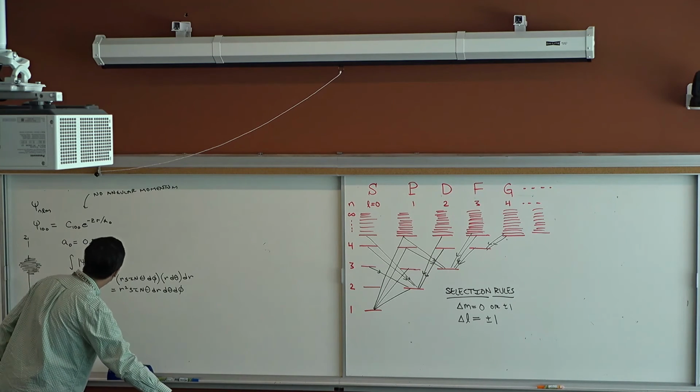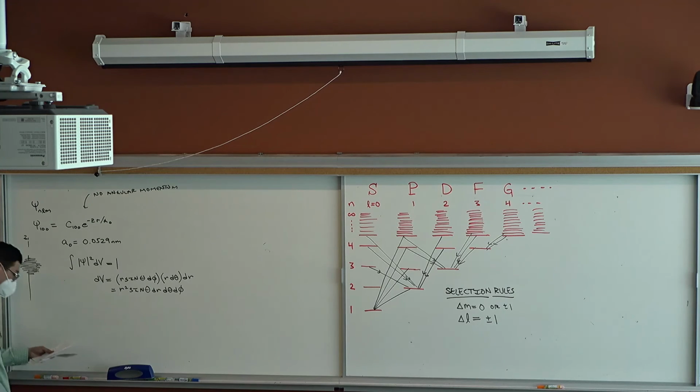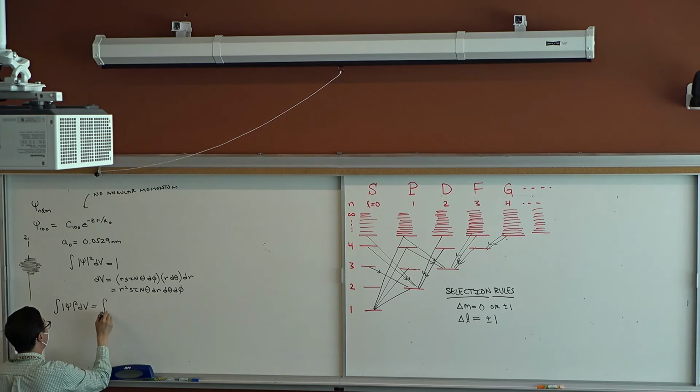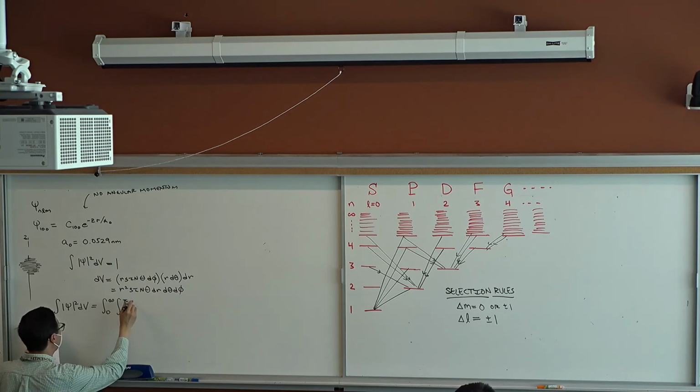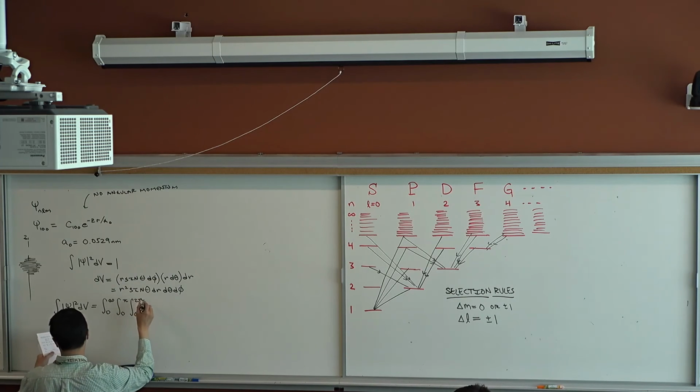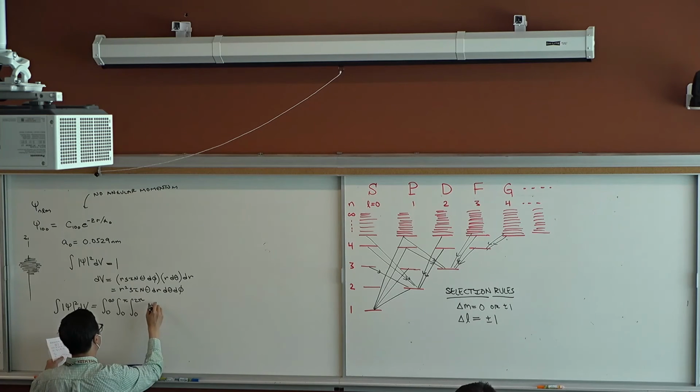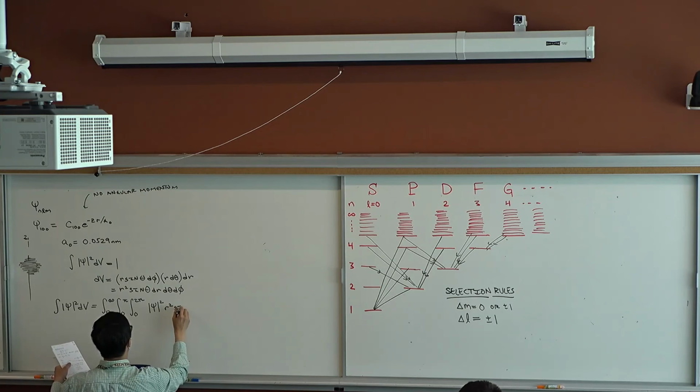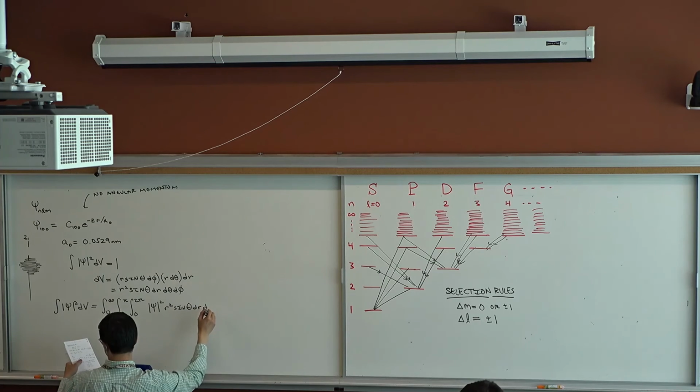And so let's try this really quickly. From 0 to infinity, 0 to pi, 0 to 2 pi of psi squared times r squared sine theta dr d theta d phi.